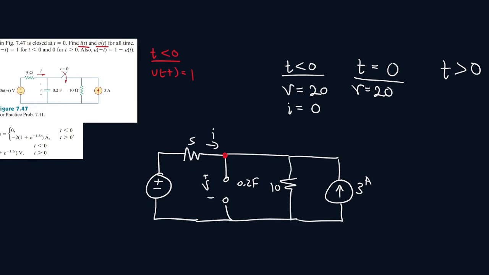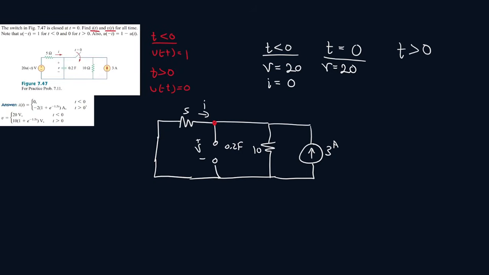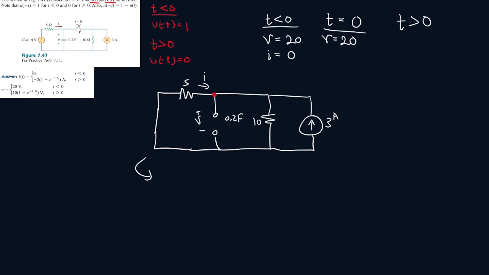Oh yeah, and the unit step function when t is greater than 0 is equal to 0. So that means this voltage source we can just ignore and replace it with a closed wire here. Okay, so now let's redraw the circuit.